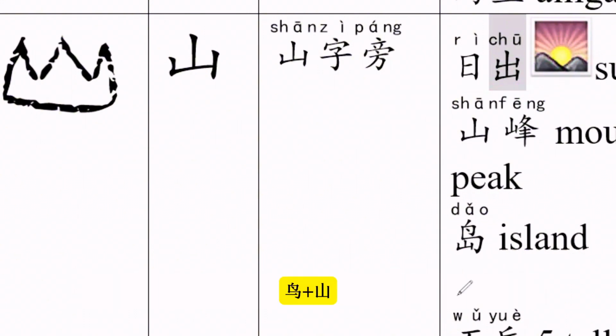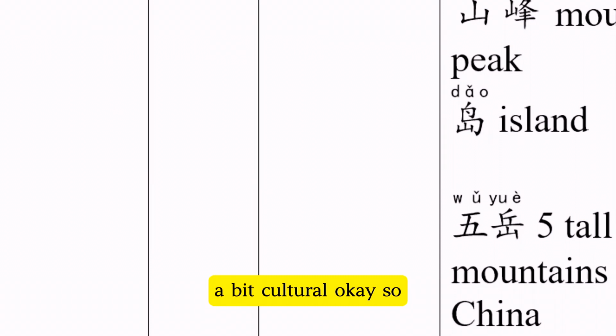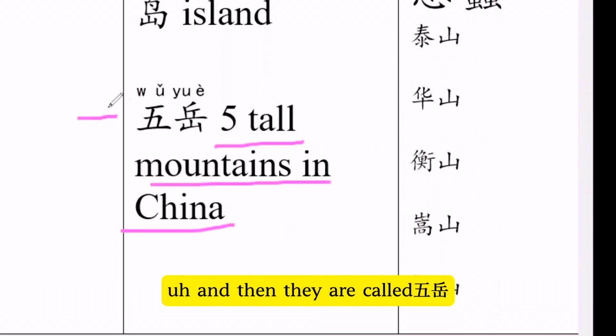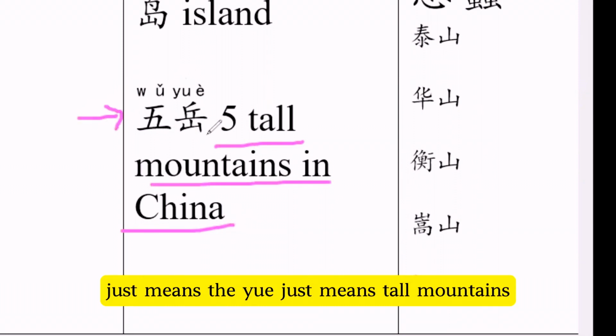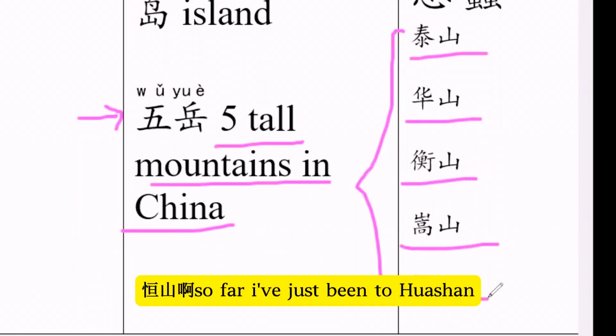鸟和山. Now the last part is a bit cultural. In China, there are five tall and famous mountains, and they are called 五岳. 岳 just means tall mountains. And the 五岳 are 泰山, 华山, 衡山, 嵩山, 恒山.